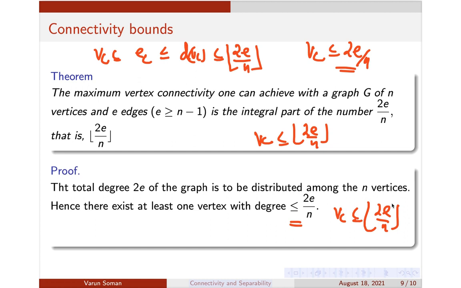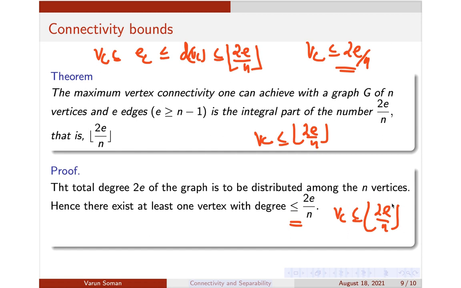Let's just run through it once again. The total degree is 2e. It has to be distributed among these n vertices, and from this we get that at least one vertex should have degree less than or equal to 2e by n. Why is it so? Otherwise, if all the vertices had degree greater than 2e by n, your total degree would exceed this 2e, which is not possible.